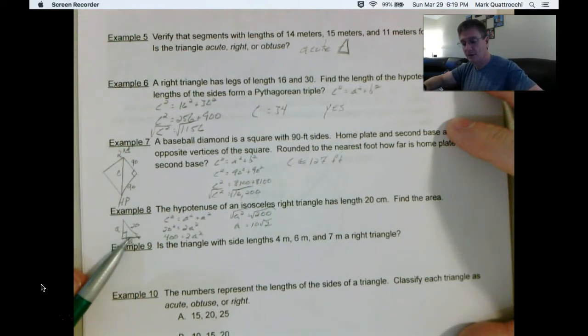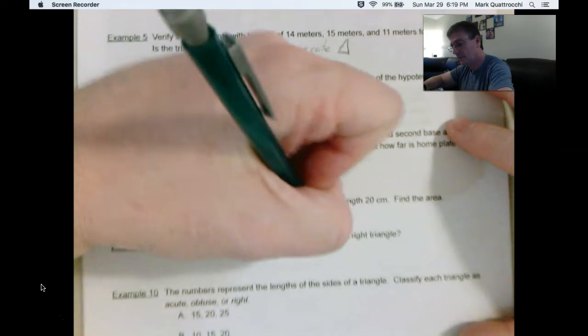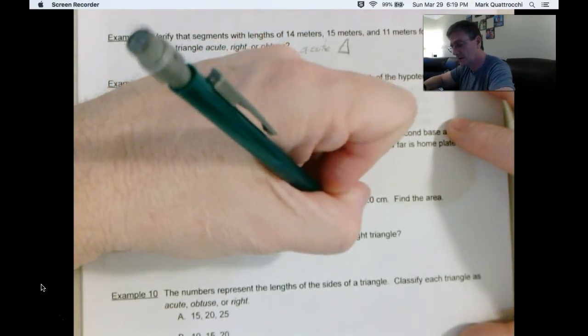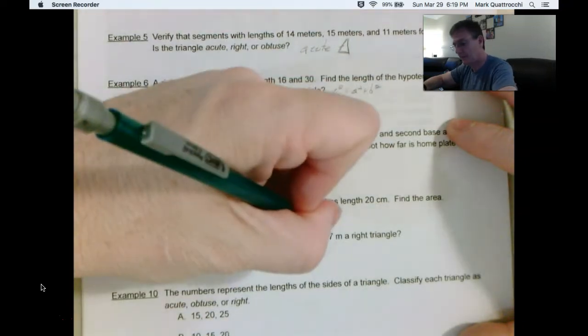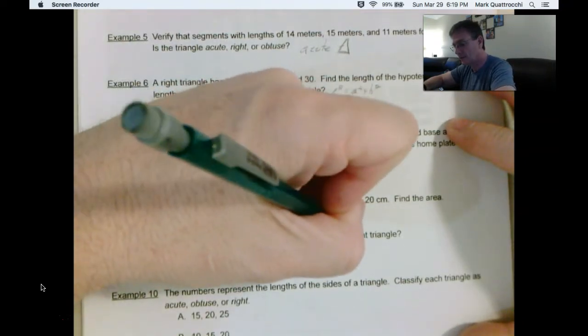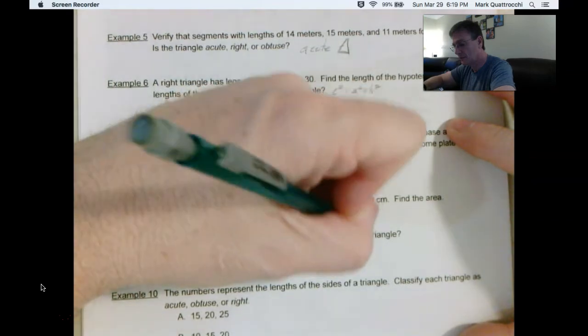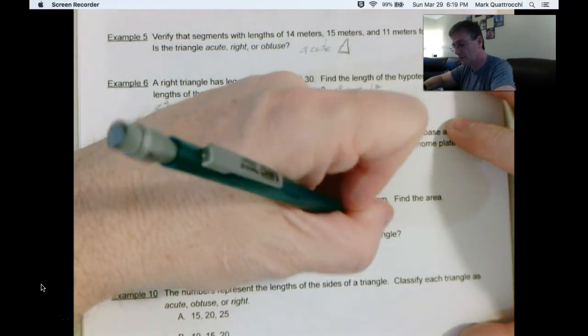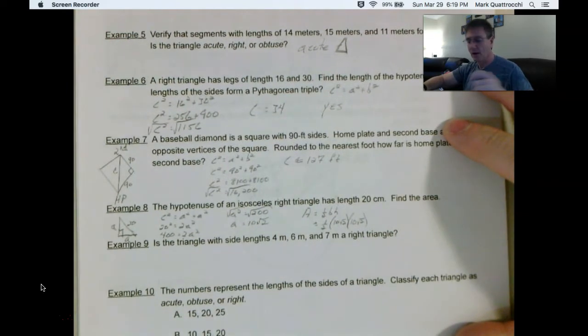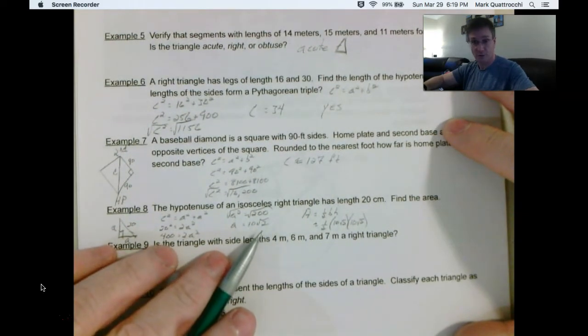And the area of this triangle is 1/2 base times the height. Area equals 1/2 base times height. 1/2 times 10 square root 2 times 10 square root 2. That's 10 square root 2 squared, which is 200.